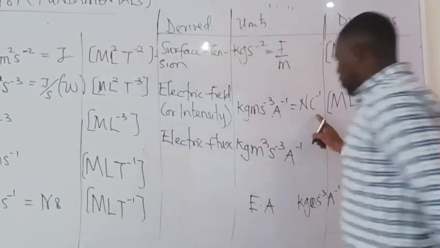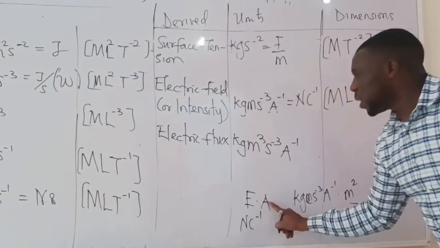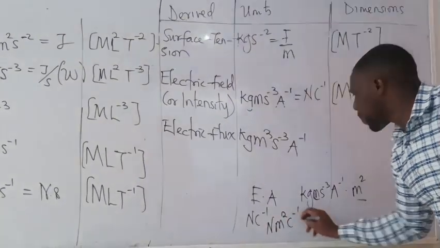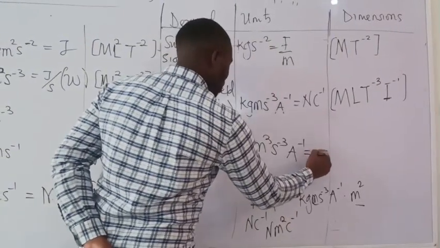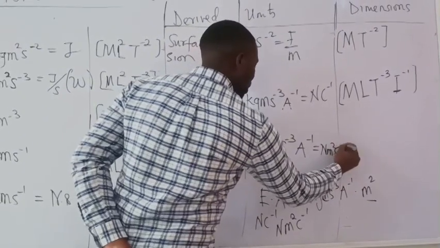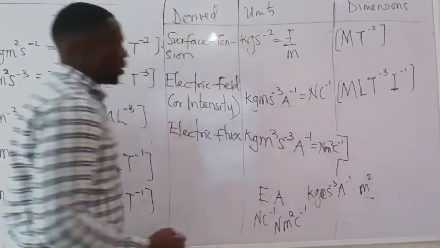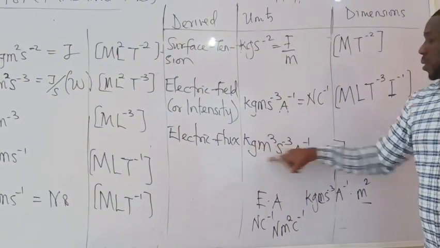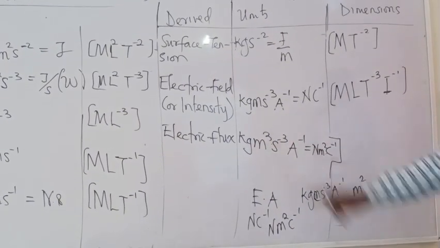Or, since electric field is Newton per coulomb, and area is in square meter, this will be Newton square meter per coulomb. This is the derived unit for electric flux, and the other is its SI base unit equivalent.